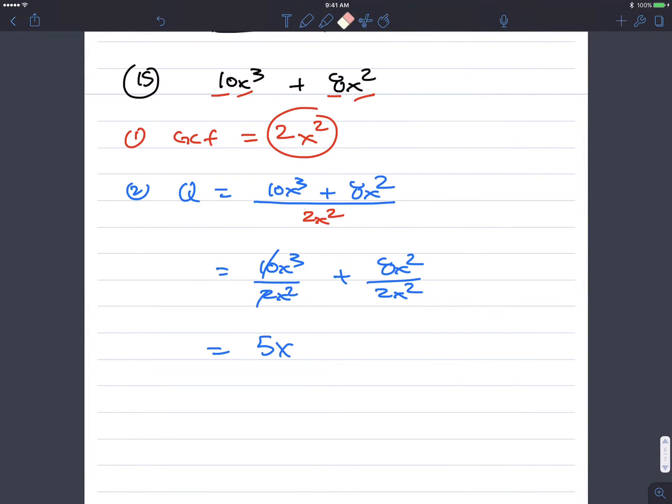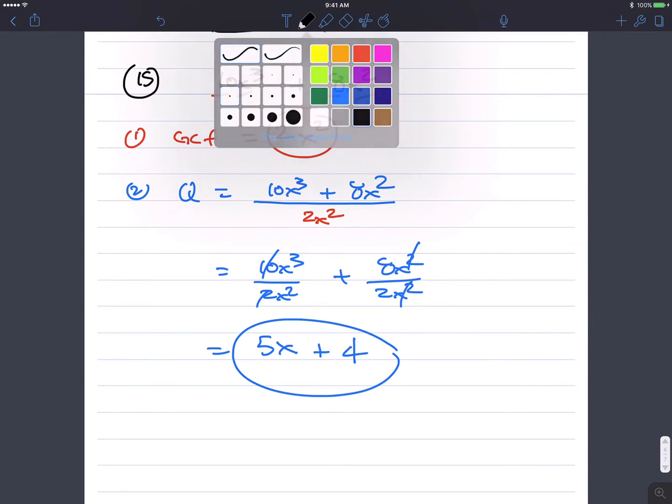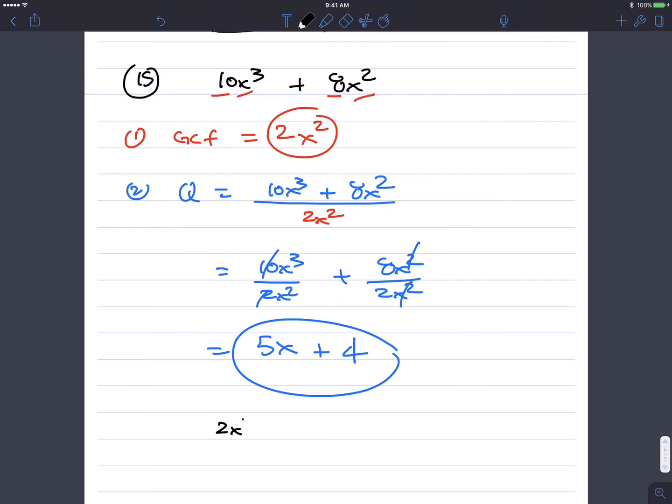That's just x. Okay. X squareds cancel. What's 8 divided by 2? Is that 4? There you go. Final answer is going to be 2x squared times 5x plus 4. And that's number 15.